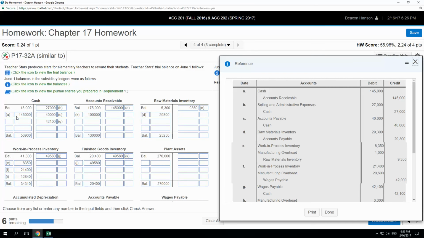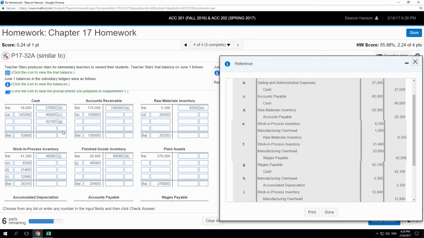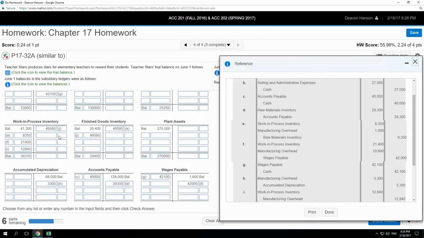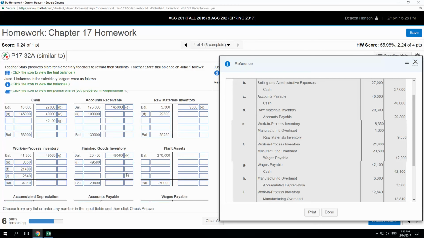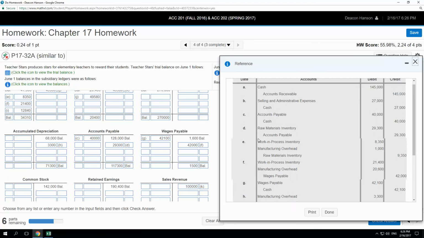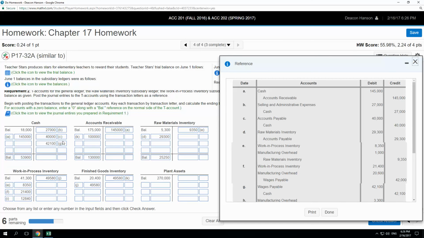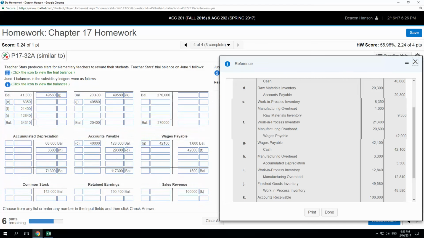A, 145, accounts receivable 145. B, 27 to selling and administrative debit, and B, 27 to cash. Okay. C, accounts payable debit 40,000. Cash credit 40,000. C. D, raw materials debit 29,300.